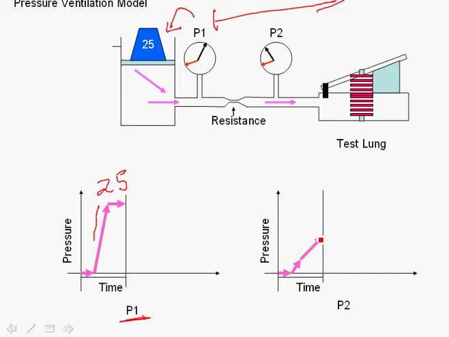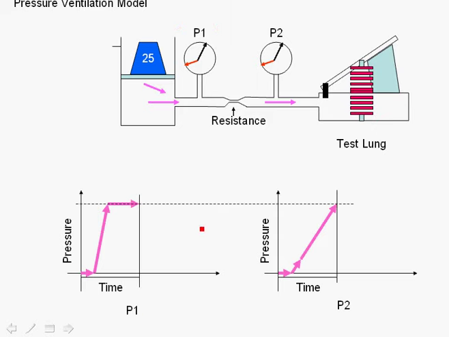We can see that P2 here is still below, so we have flow going across our resistance. P2 reflects the amount of distension of that spring, and that spring represents the elastic recoil of our lungs. So the more the spring is distended, the more elastic recoil. As time progresses, the pressure in P1 is still a little bit greater than in P2.